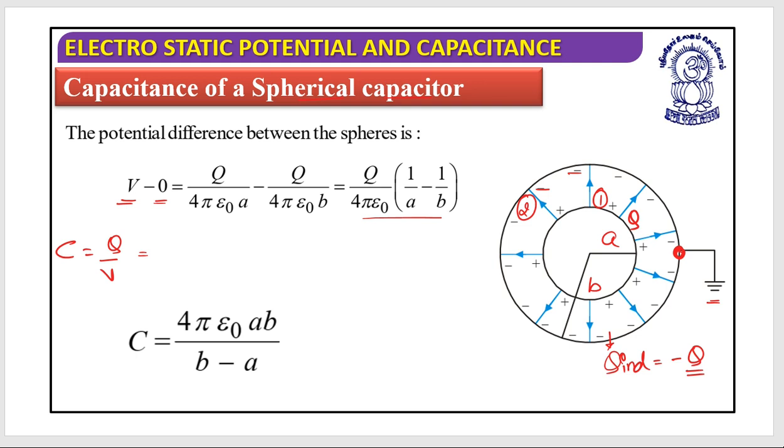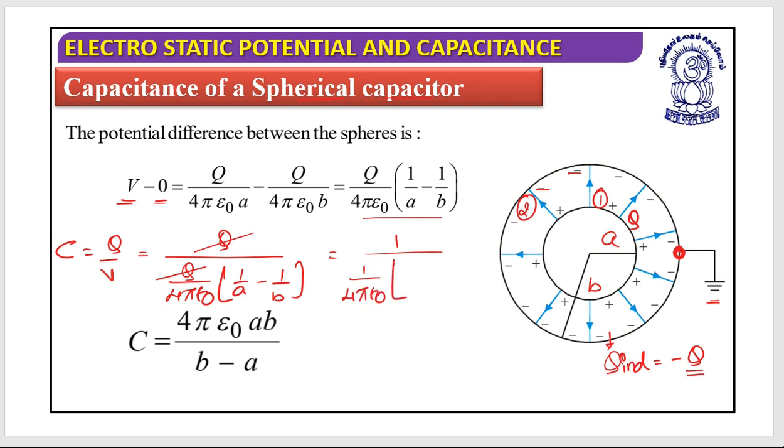So if I write this, then C is equal to q divided by V. What I can have is q divided by q by 4 pi epsilon naught into bracket 1 by a minus 1 by b. This q would be gone. And if I write this, it's 1 divided by 1 by 4 pi epsilon naught into bracket b minus a divided by ab.